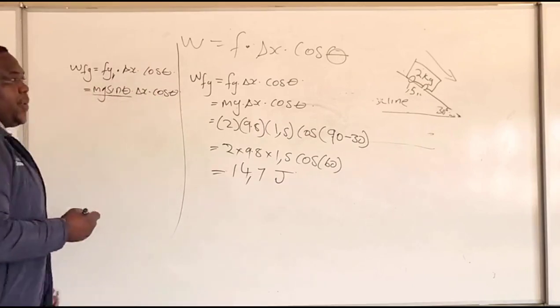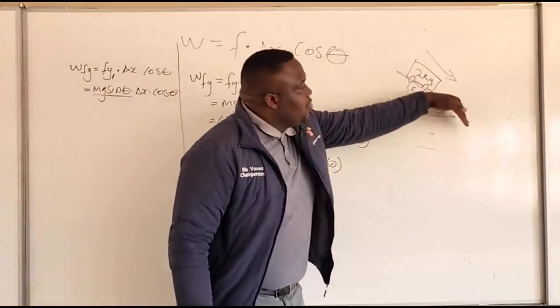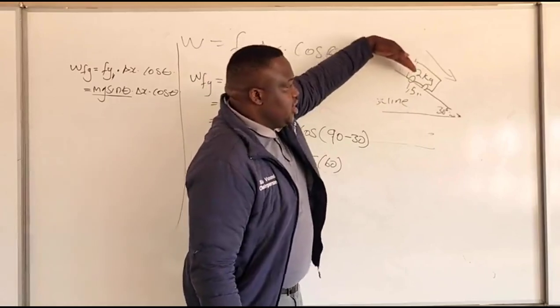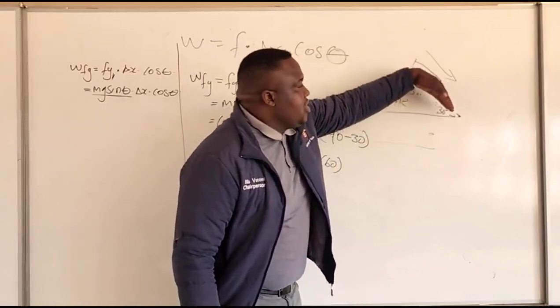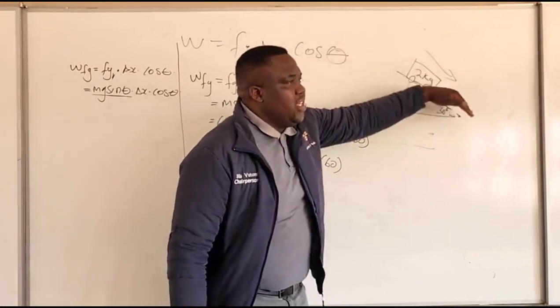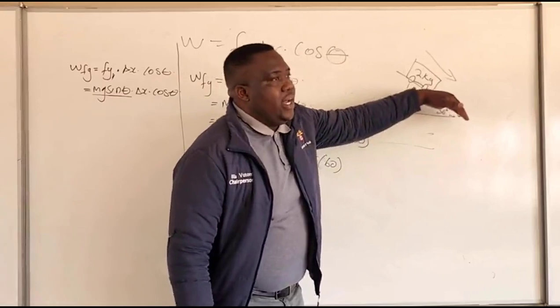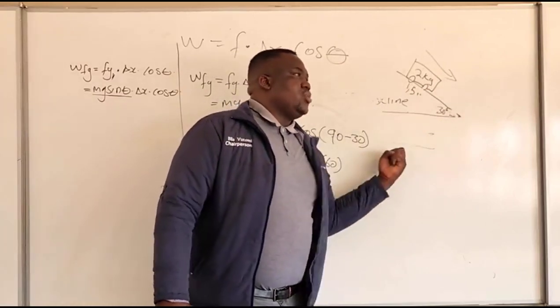Why are we using Fg parallel, not perpendicular? It's because the object is moving on this surface and it is moving downward or upward. The force which affects an object as it moves up or down the incline is Fg parallel. Remember, Fg perpendicular causes an object to stick to the surface.